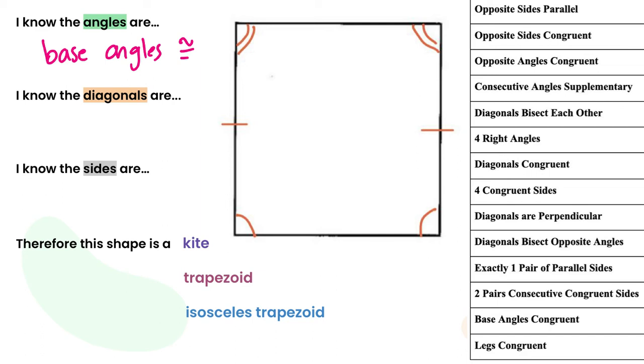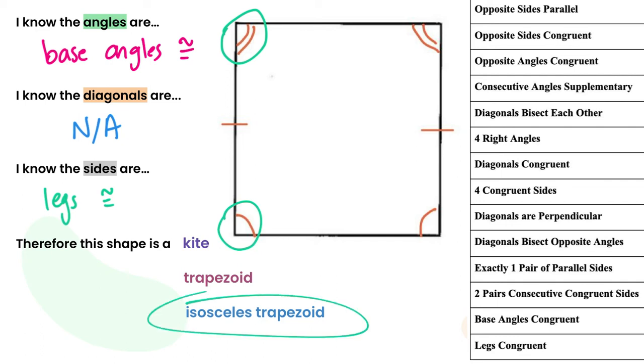I don't know anything about the diagonals because I don't see any diagonals drawn. And finally, I know that the legs are congruent. Okay, and I know those are the legs because they are in between the base angles that are not congruent. And that is the isosceles trapezoid that we were just talking about.